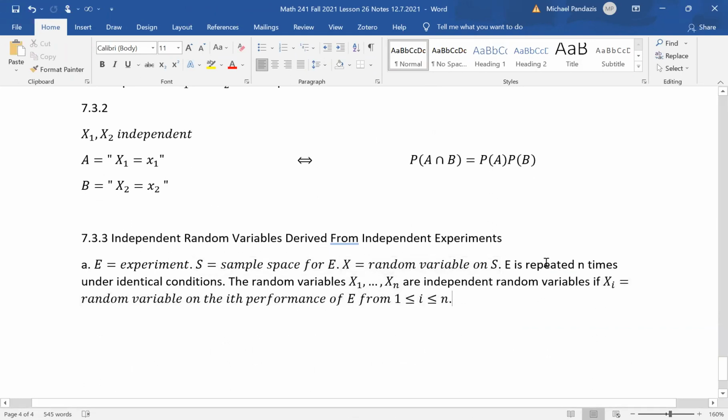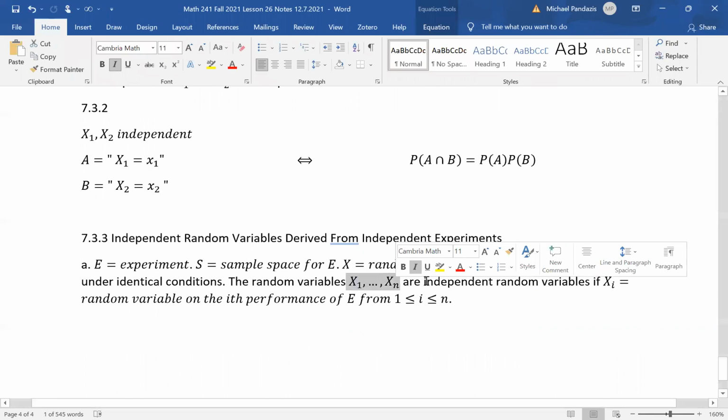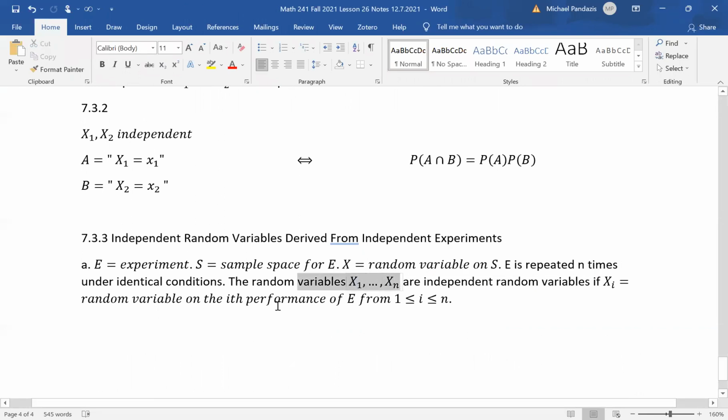Okay, so if you repeat an experiment n times and X1 to Xn are the random variables for the ith performance of that experiment E. So if you perform the experiment 10 times under identical conditions, then each time you perform it, you have a separate random variable for performing that experiment.